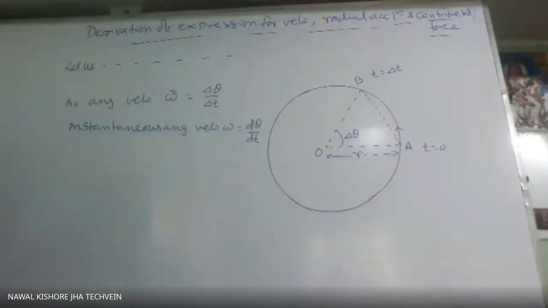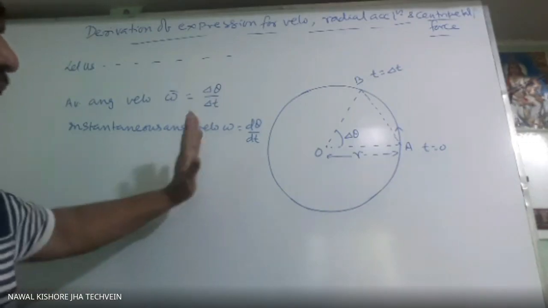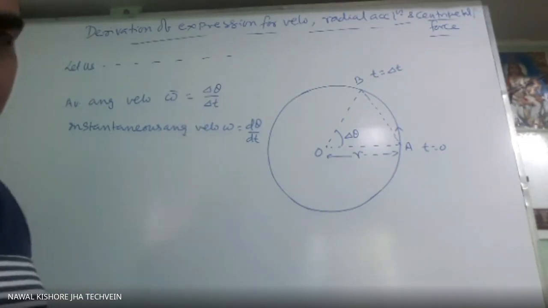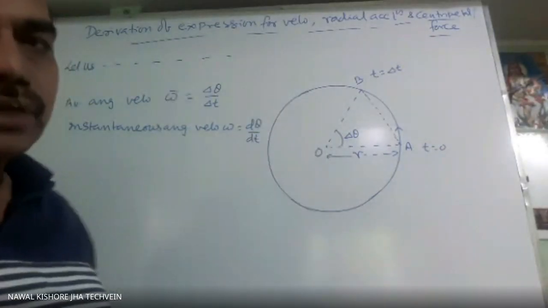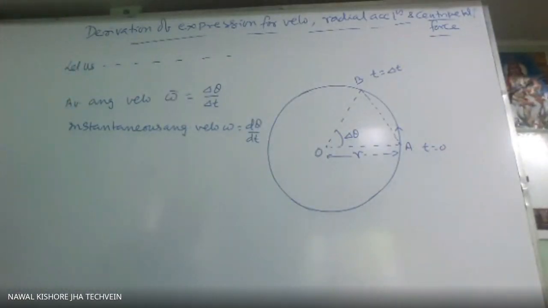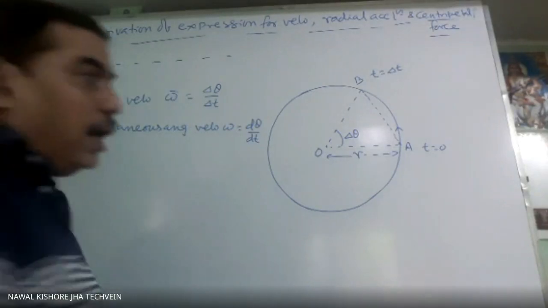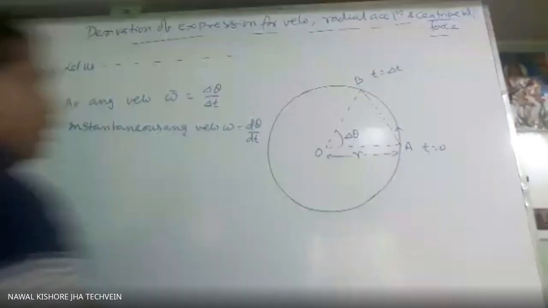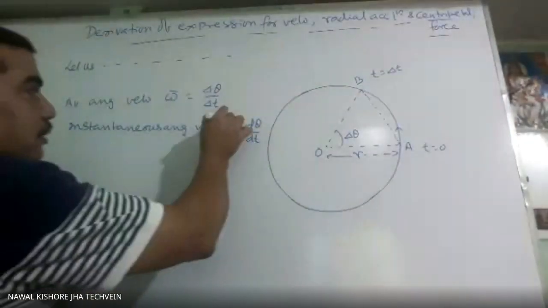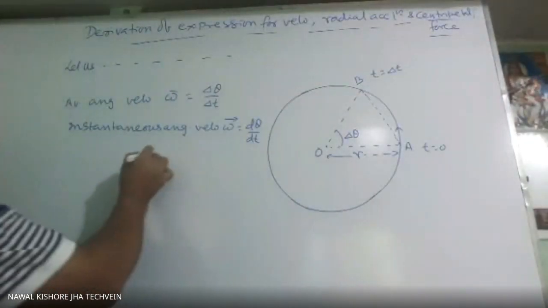Angular velocity is a vector quantity. We discussed already that when we consider a small angle, we take it as a vector quantity, and we have to give the direction.